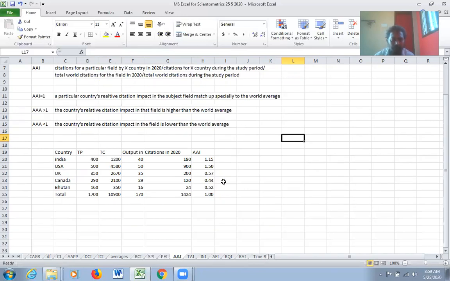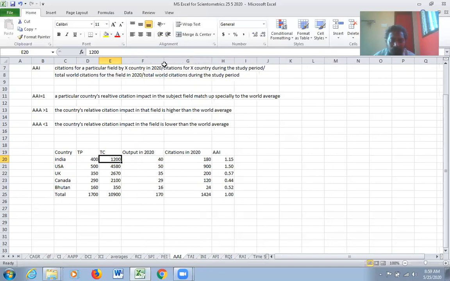You can see here, let us say India: total publications, total citations, and this is total output in 2020 and total citations in 2020. How to calculate the attractive index? G20, that is the number of citations India received in 2020, divided by E20. What is that?